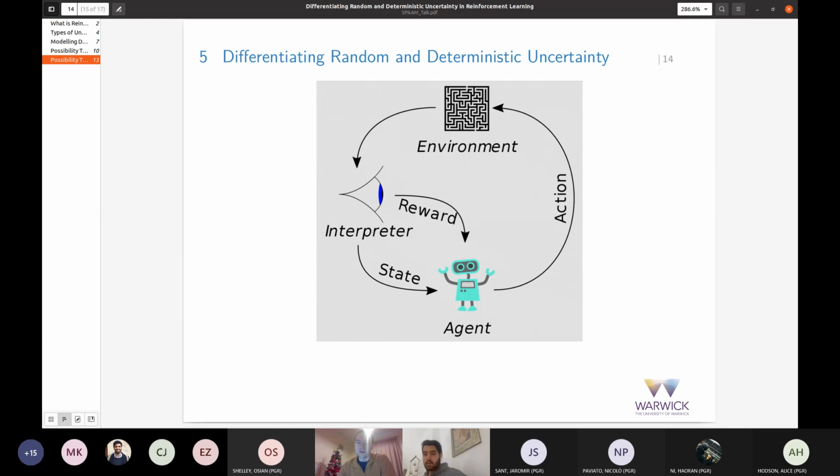So we said that random uncertainty can't be resolved with information, and deterministic uncertainty can be resolved with information. So we consider things random if we don't have the information to resolve the uncertainty. So essentially, we just need to figure out what we want to model as random and deterministic uncertainty.